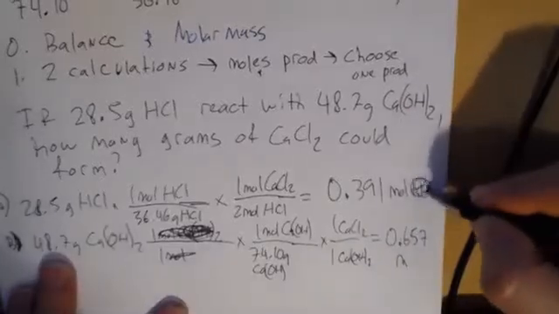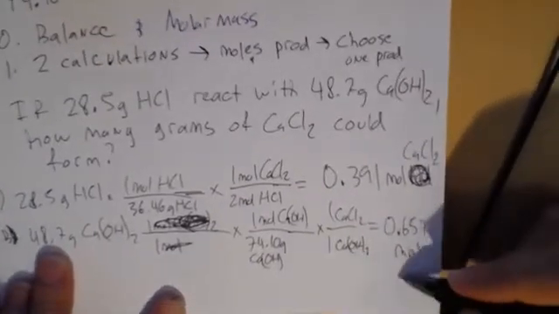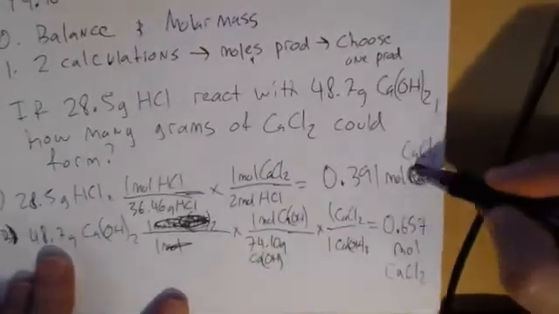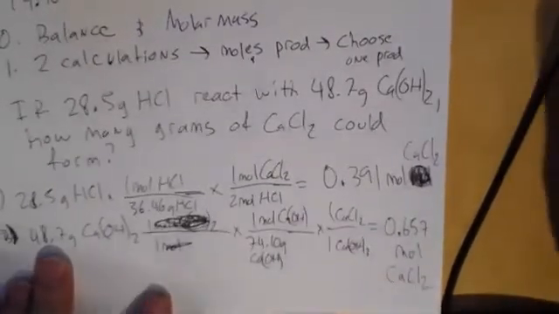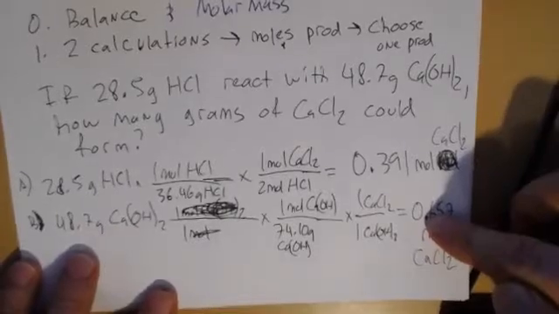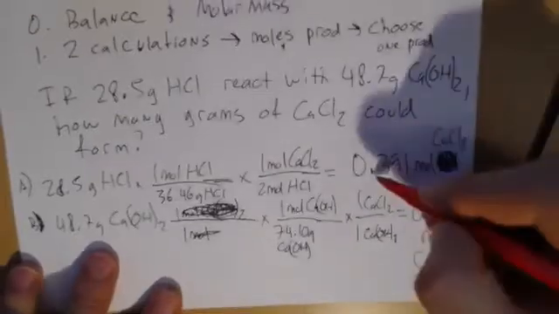That's not HCl, that is calcium chloride. Moles of calcium chloride. Okay, so now we just look at these two. And we just say to ourselves, okay, which one's less? We say, this is less.